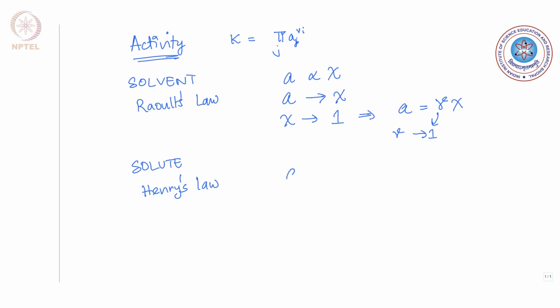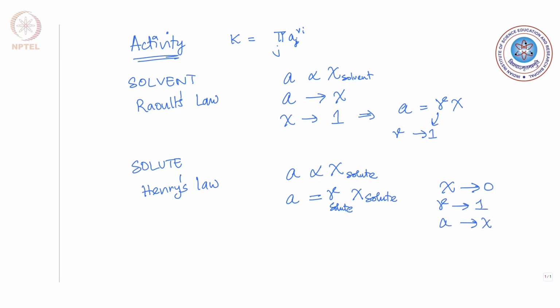So, going back to the definition of activity, which is once again proportional to the mole fraction. So, let me define this as solvent, and in this case as mole fraction of solute. Here activity will be equal or close to the mole fraction of solute with gamma of solute when chi tends to 0. So, in this condition gamma tends to 1 and activity tends to chi.